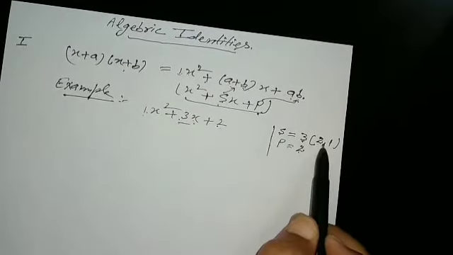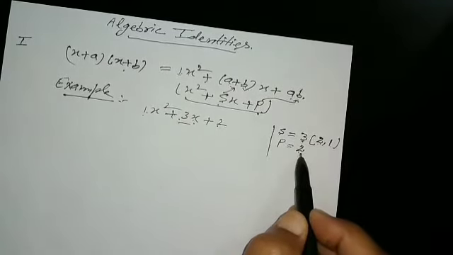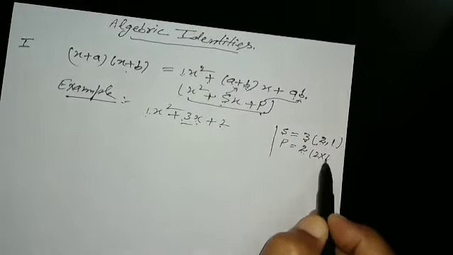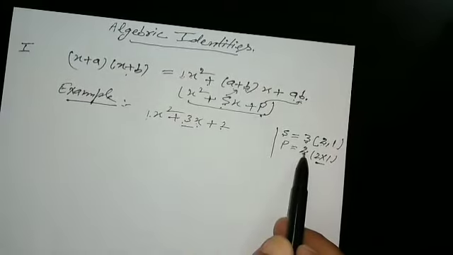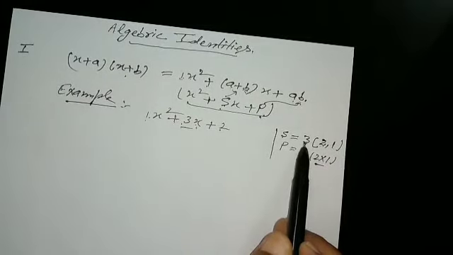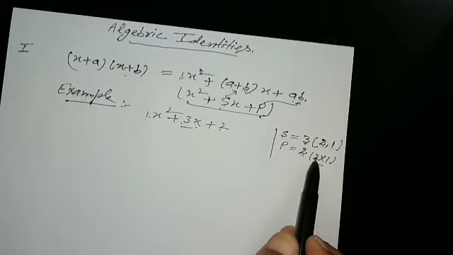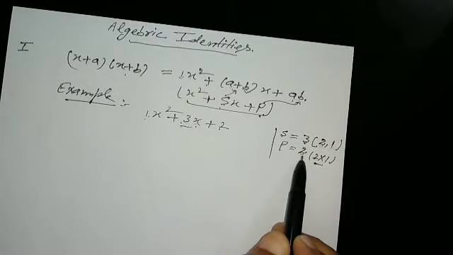Now these numbers must have multiplication equal to this. You can check. Okay, that is 2 into 1, which is equal to 2. So this 3 is broken into two numbers which have multiplication equal to this p, that is product, right?